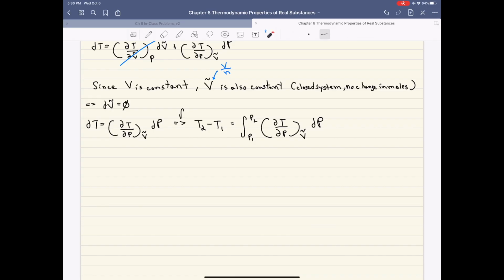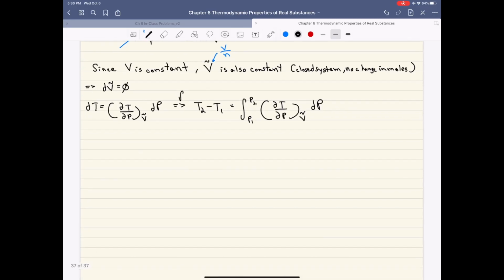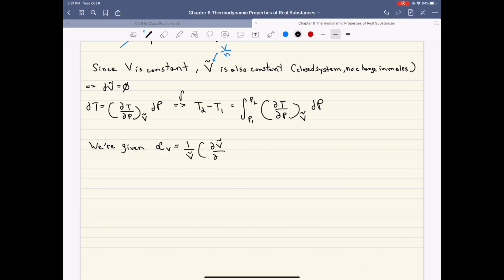Okay, so we need to figure out what the dT/dP is at constant volume for our water. Now in the problem statement, we're given a couple of properties. Specifically, we're told that alpha V, which by definition is this, is 2.9 e to the negative 4 inverse Fahrenheit.